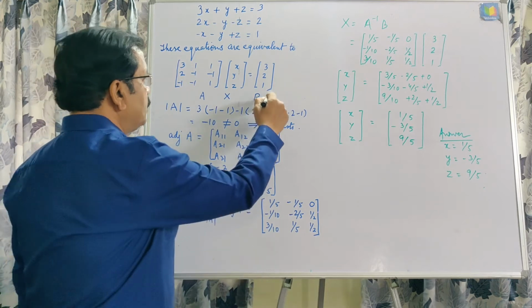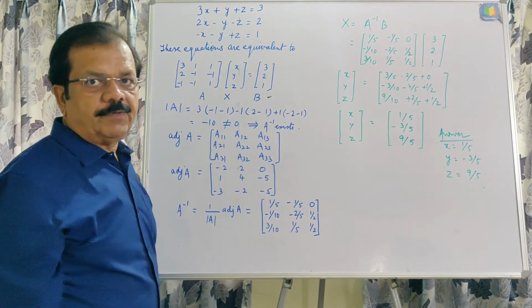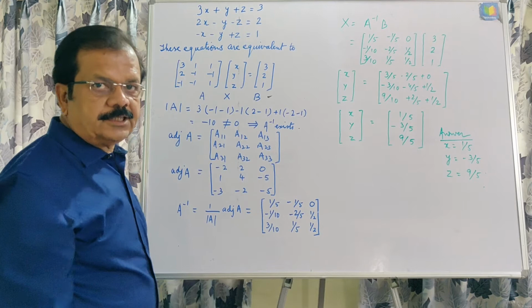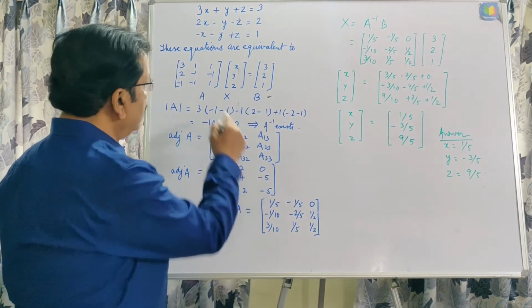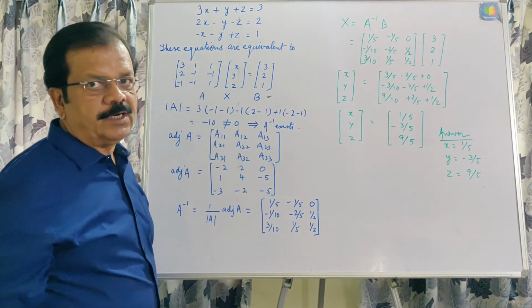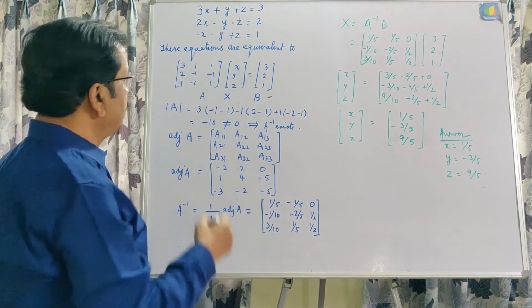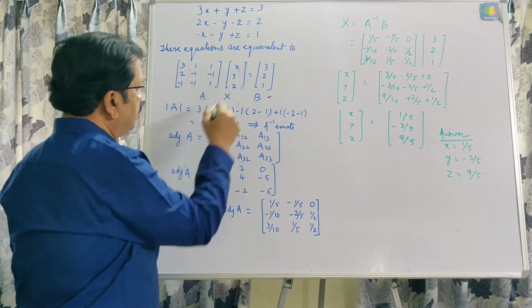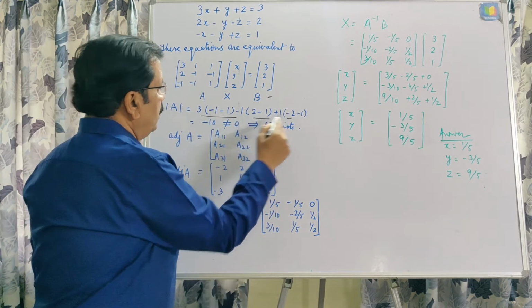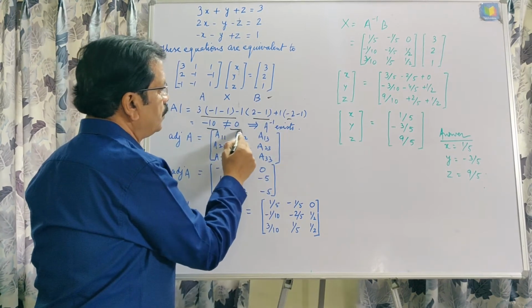After writing in terms of AX is equal to B, we find the determinant of A, and you can easily find it because we have already done a number of questions related to this, and the determinant is coming minus 10, which is not equal to 0.